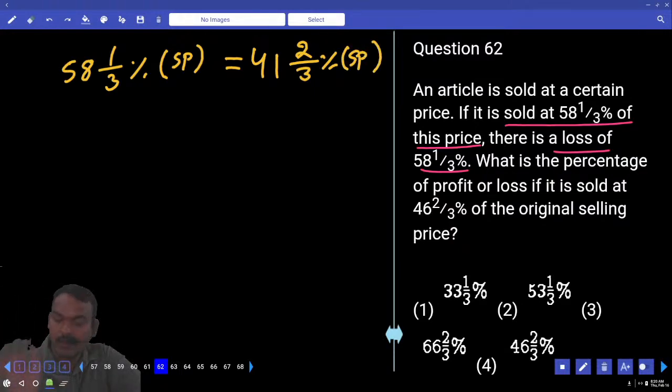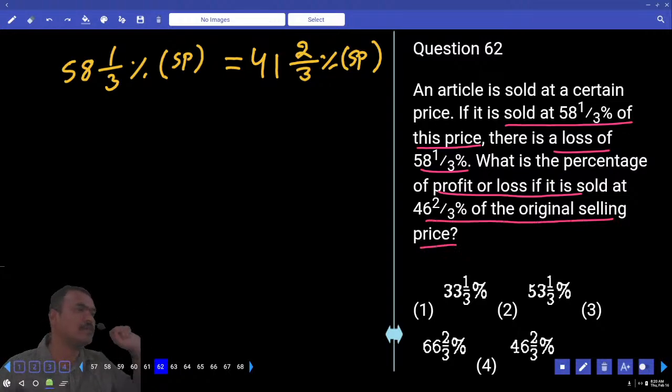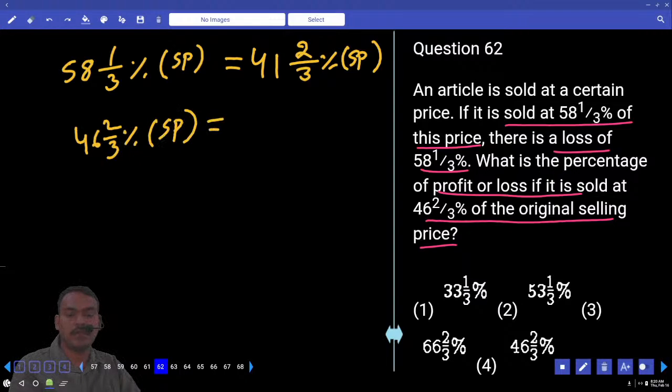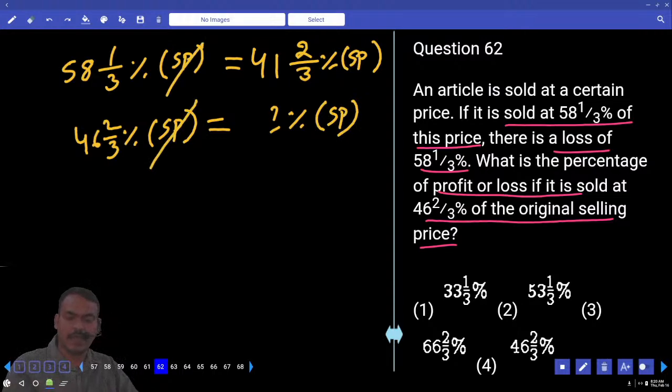That is the first case. What is the second case? What is the profit or loss if it is sold at 46 2/3% of the original selling price? What is the original selling price? SP. How much percent of it is taken? 46 2/3% of SP, or not? It is equal to what percent of the selling price? In all cases we cancel the SP value.